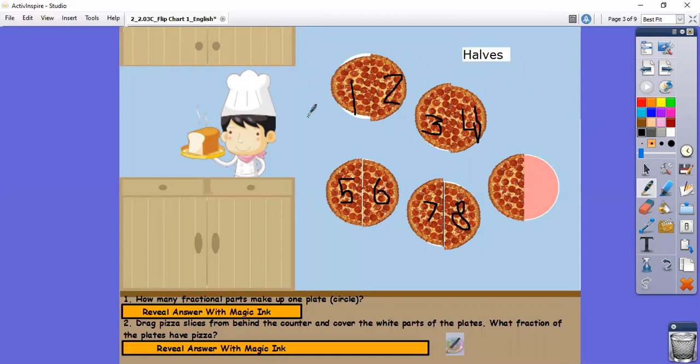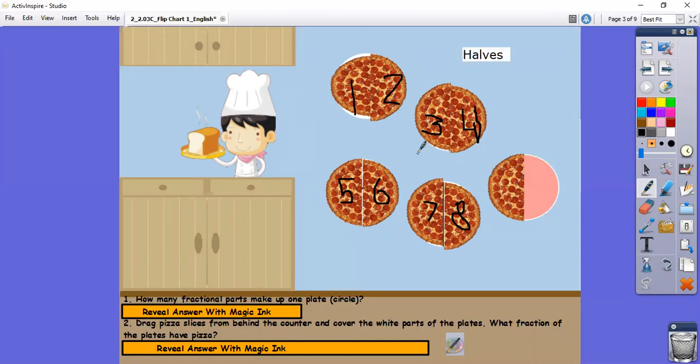Is that correct? Did I miss anything? Oh, look, all of my pizza halves have numbers on them, except for this one. So boys and girls, this is a really good strategy for you to use when you're counting your fractions.